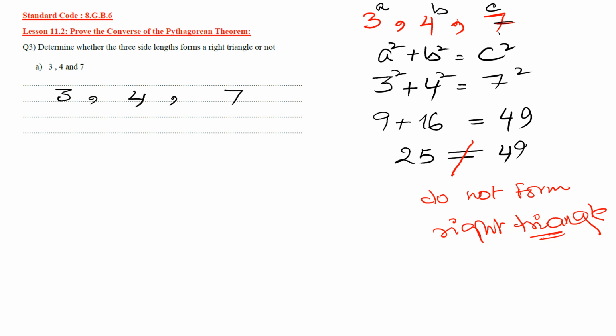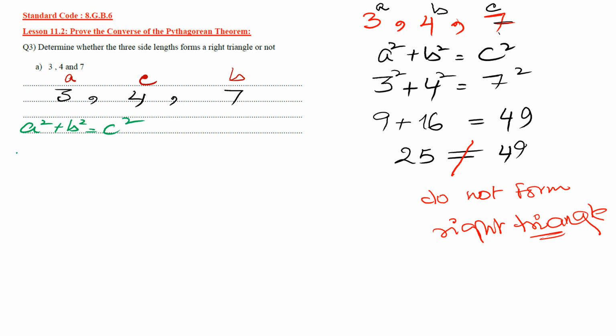So 3, 4 and 7. Let's try to find out by naming this one as A, this one as C and this one as B, to find out whether this gives us the result or not. So again we have a square plus b square equals c square.